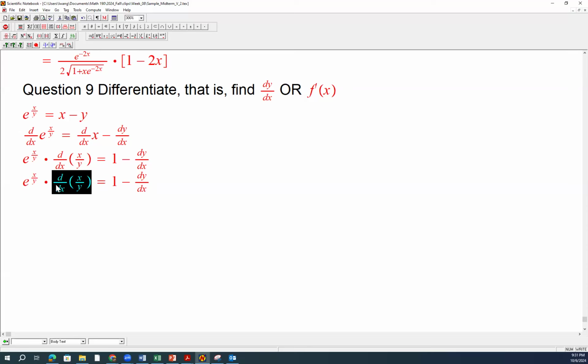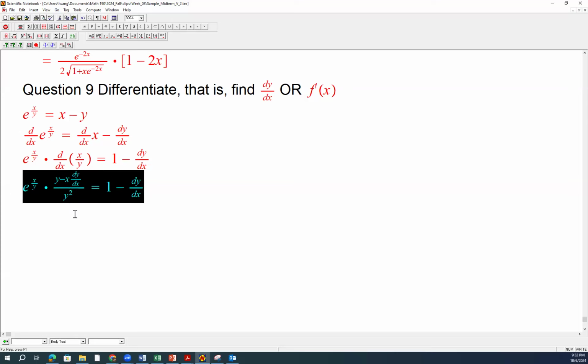So we're going to do the quotient rule, where the denominator, this is f, this is g, is going to be y squared. On the top, you're going to have x prime y minus x y prime. Y prime is dy dx. x prime is 1. 1 times y is this y.